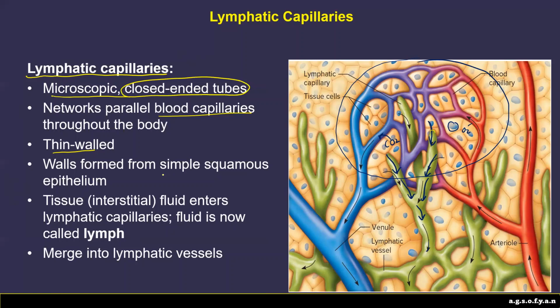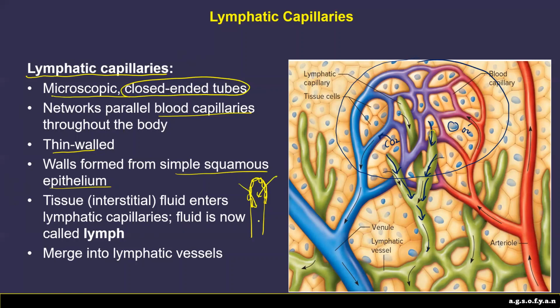It consists of simple squamous epithelium, so only one thin layer of squamous epithelium, making up the wall of the lymphatic vessel. Tissue interstitial fluid will enter the lymphatic capillary easily.